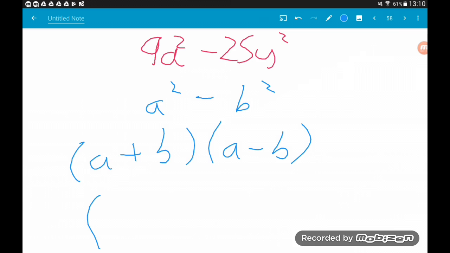So the square root of 9x squared is 3x. So we know we're going to get 3x inside both of our brackets, and we're going to have plus or minus. Now, if b squared is 25y squared, then b is the square root of that, which is 5y.